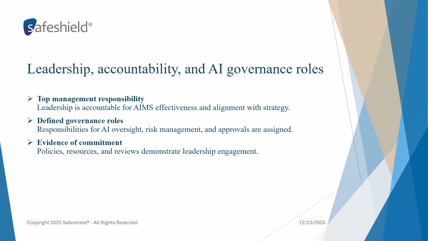Role clarity reduces gaps that often emerge in multi-vendor AI supply chains, where responsibility is distributed across developers, integrators, and operators. During audits, leadership commitment is assessed through both documentation and behavior. Auditors will look for consistent governance practices, timely decisions on risks and incidents, and clear alignment between strategic objectives and operational controls.